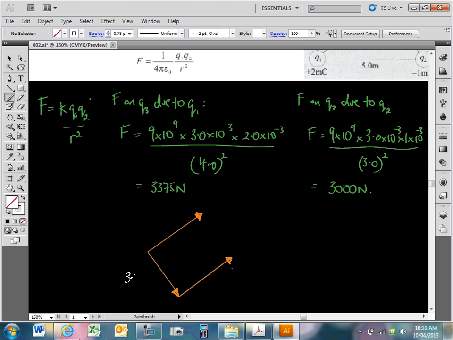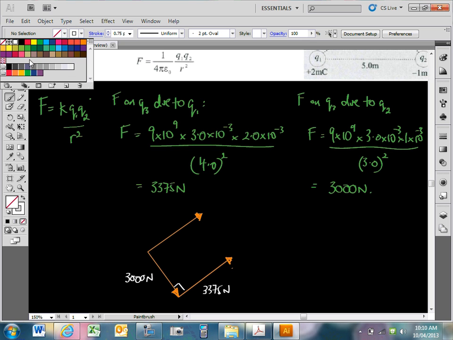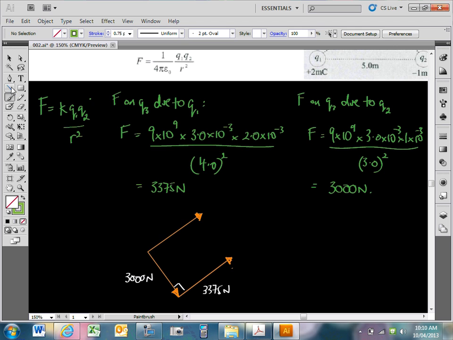This one's 3,000, 3,375 newtons here. They're of course at right angles. And our resultant R is this one in here. That's kind of clear, isn't it?